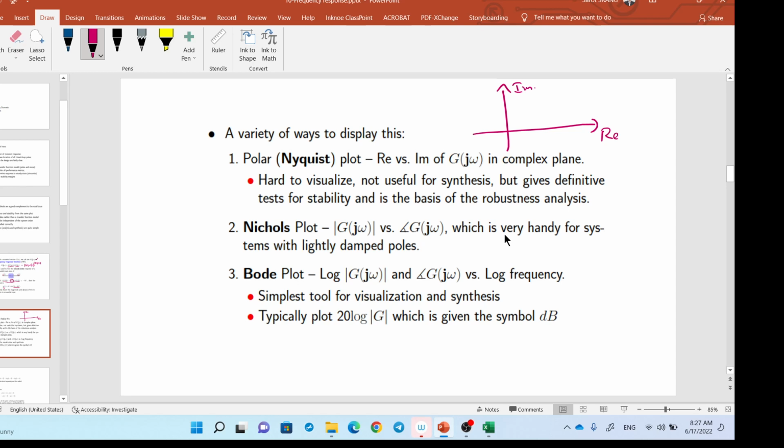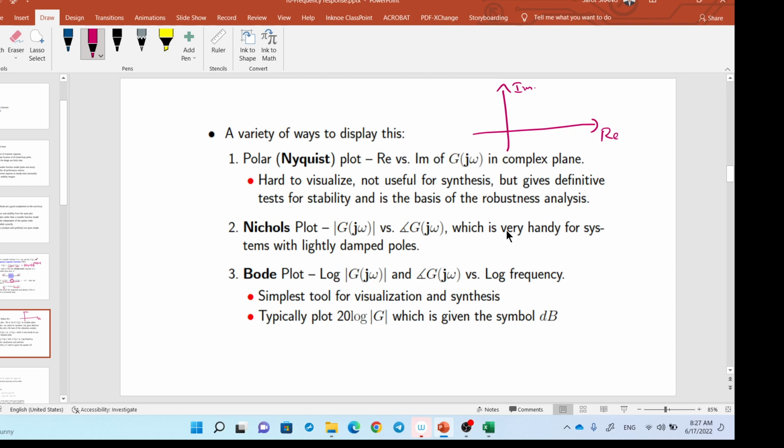And actually this plot is a little bit hard to visualize and not really useful for synthesis on the stability. Yeah, it's not easy for synthesis, but it can define the stability test easily.